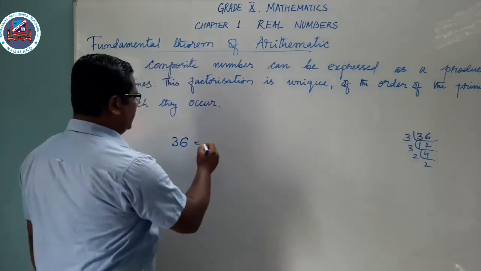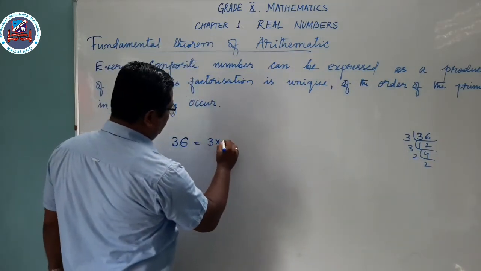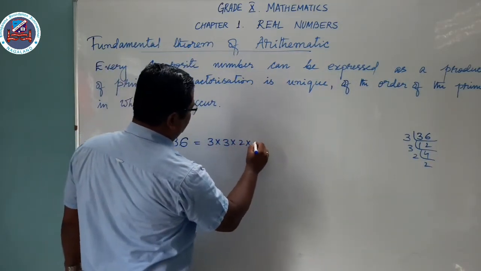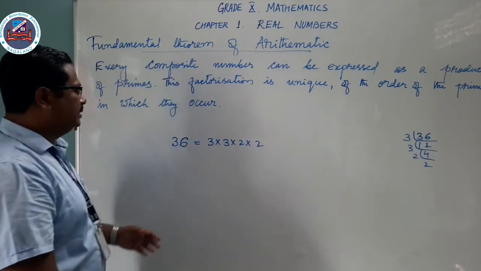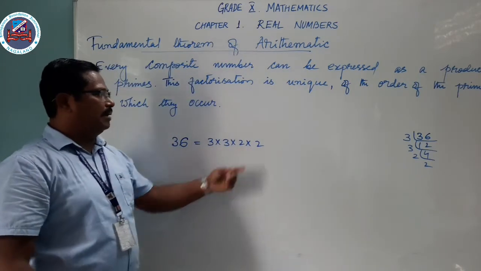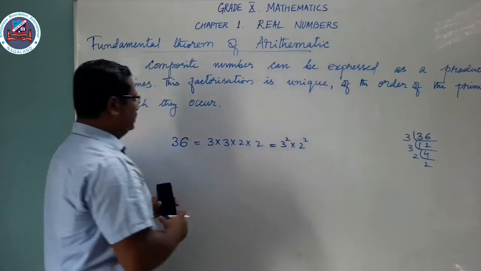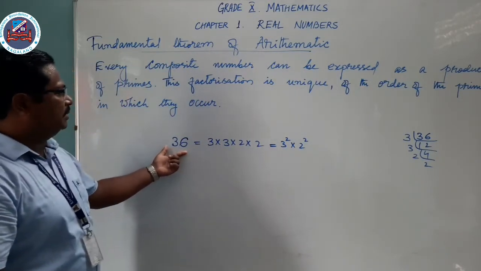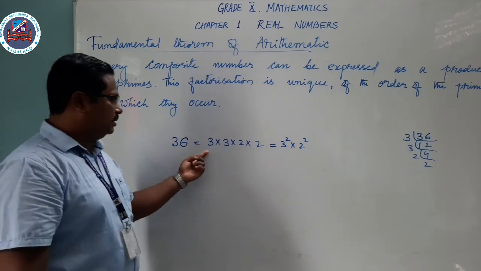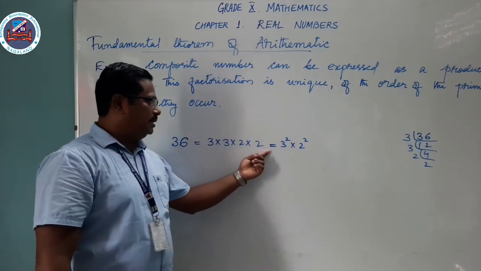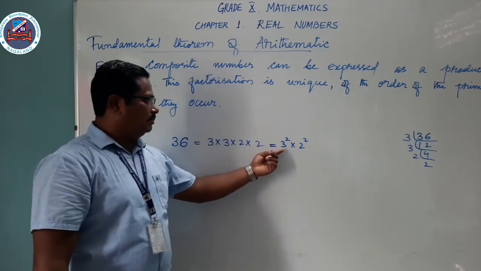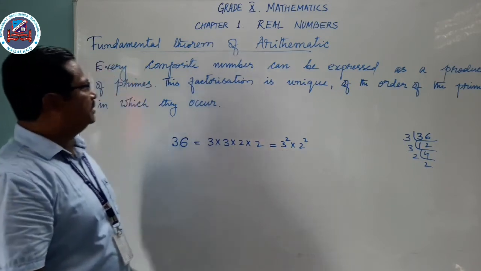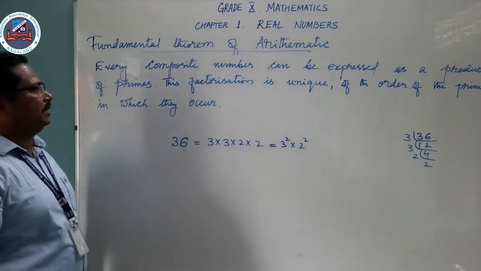So it is occurring as 3 into 3 into 2 into 2. So here you can see all the numbers are prime numbers. This 36 was a composite number, and when you found out its factors, it is coming as a product of its primes. That is your fundamental theorem of arithmetic.